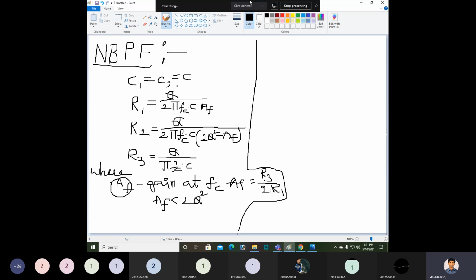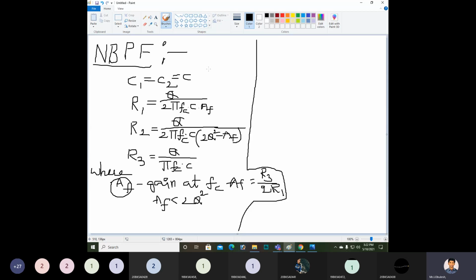Without changing those two values, we change the center frequency to a new frequency Fc without changing gain or bandwidth. This is accomplished simply by changing R2 to R2 dash.